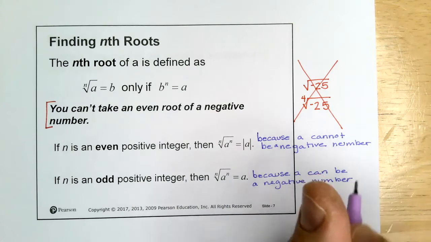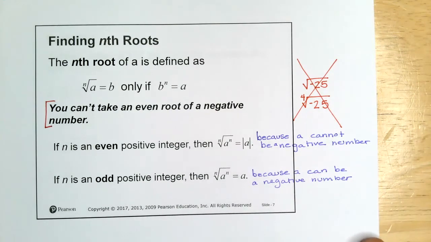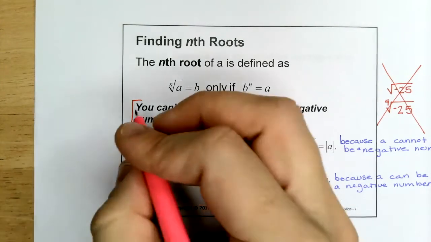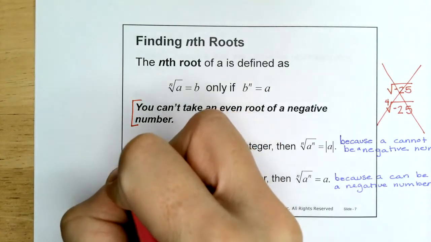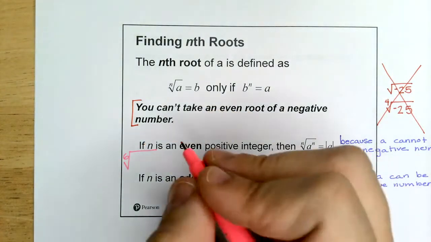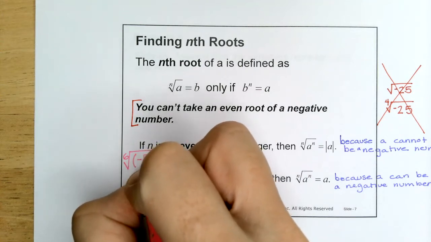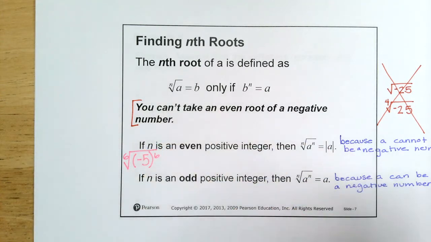Okay, so let's say I have the sixth root of -5 to the 6th.